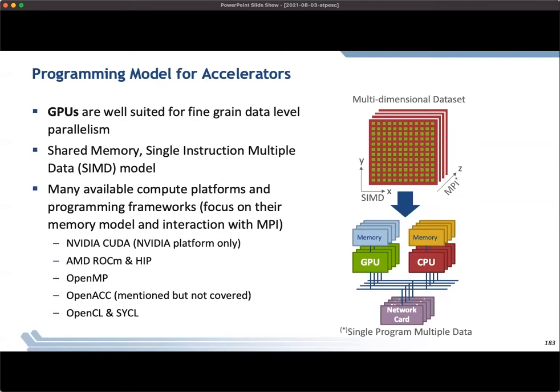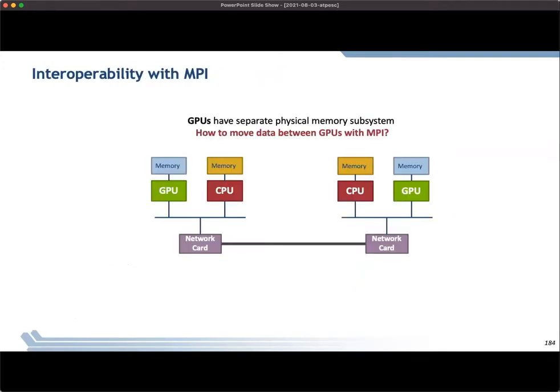So these are all the options that are available today. But in this tutorial, we're going to just focus on NVIDIA CUDA as our example. Note that these examples can be ported to different GPU programming models in a similar fashion.